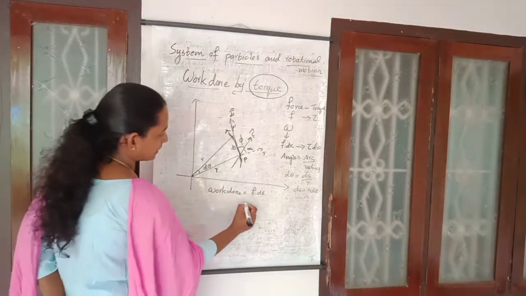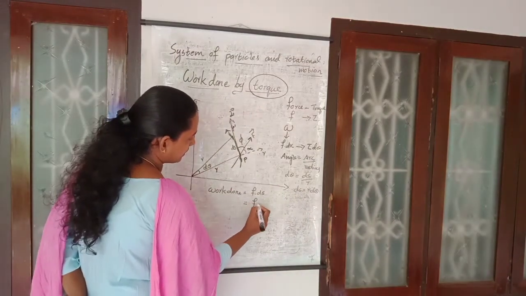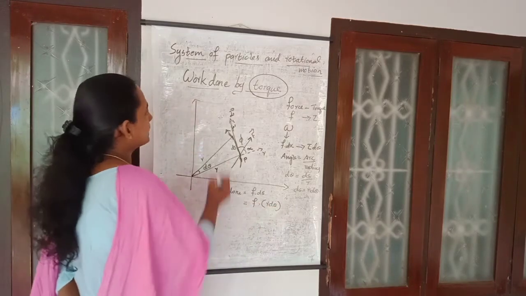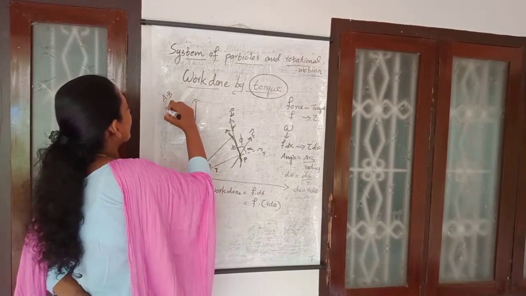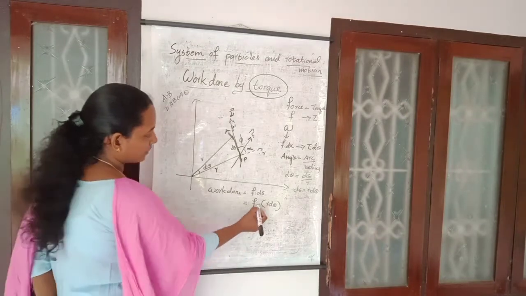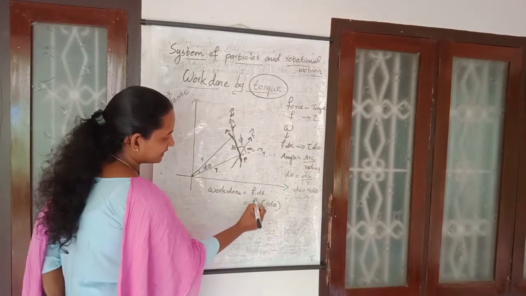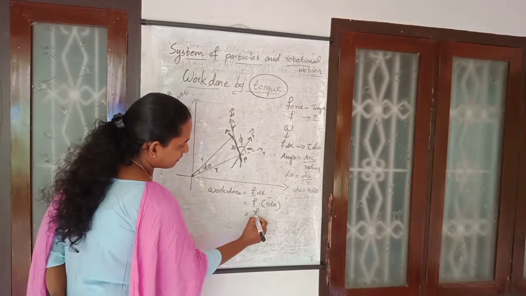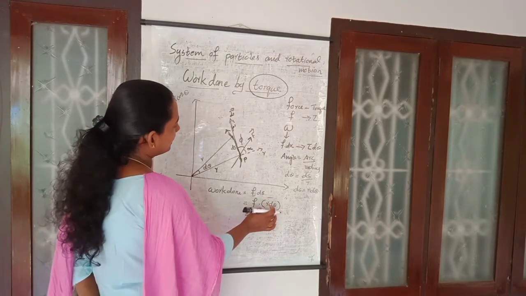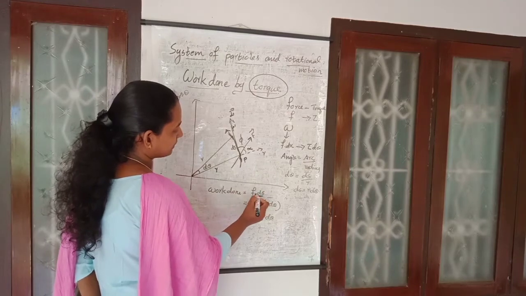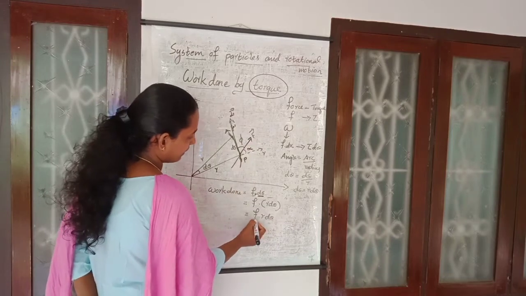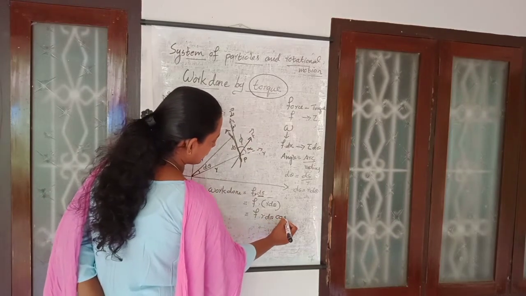Therefore F dot r d theta. What is A dot B? A dot B is AB cos theta. So F dot ds, what is the angle between force and displacement? It is phi. Therefore F r d theta cos phi.